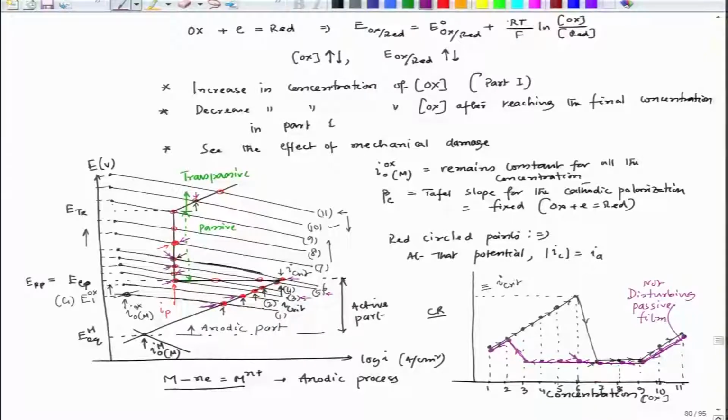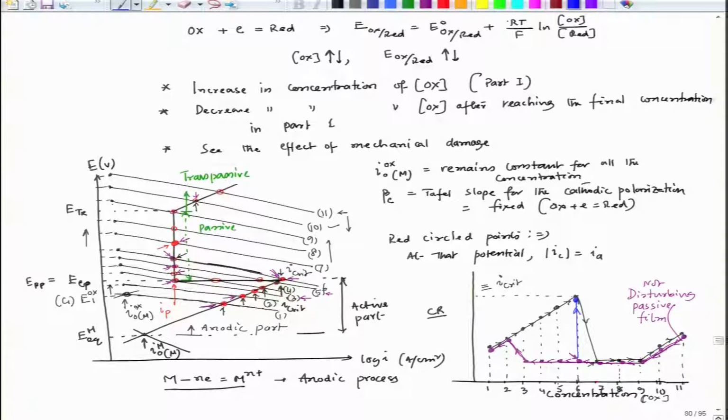Once we break open the passive film, the system would try to achieve the corrosion rate at this location. So instead of remaining here at C6, the point would reach this point. The movement would be this.